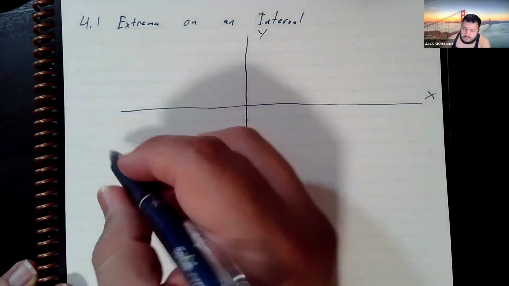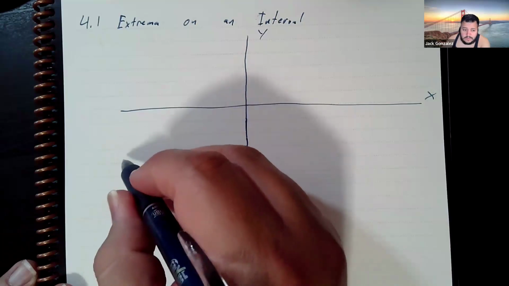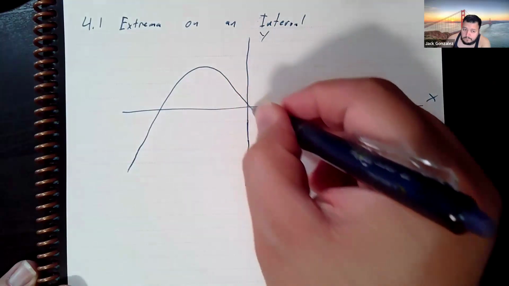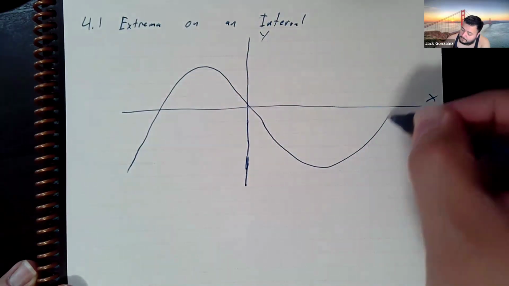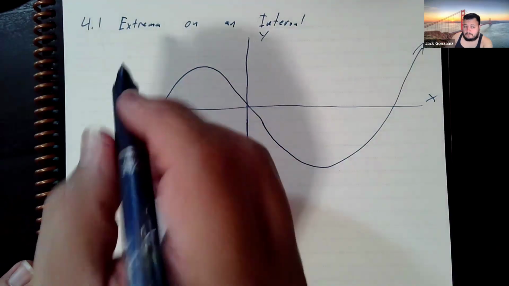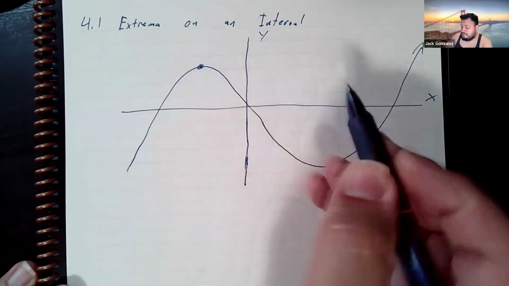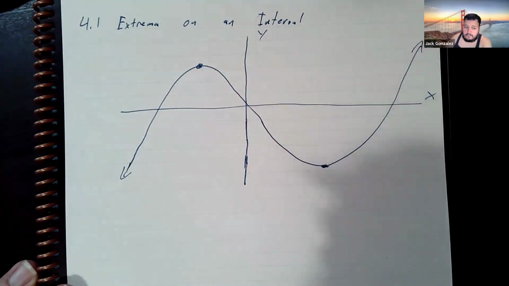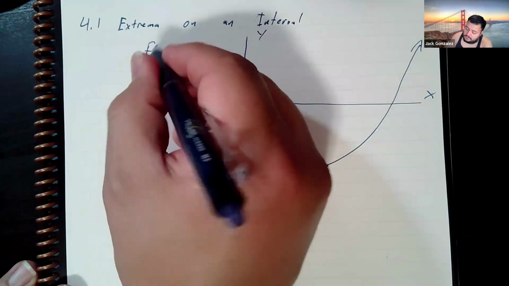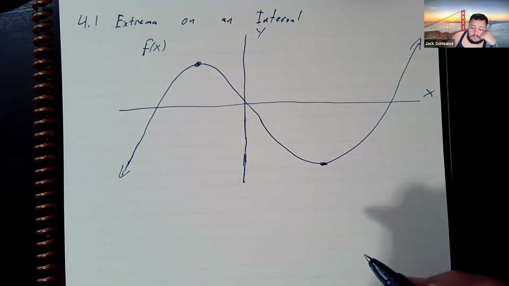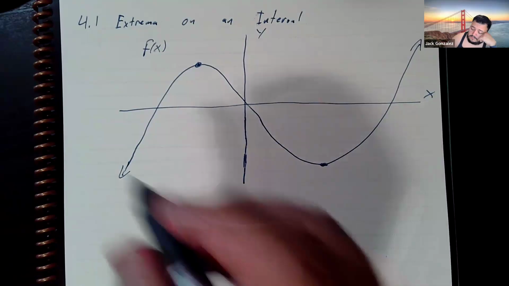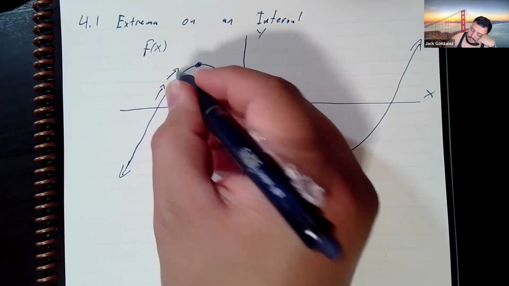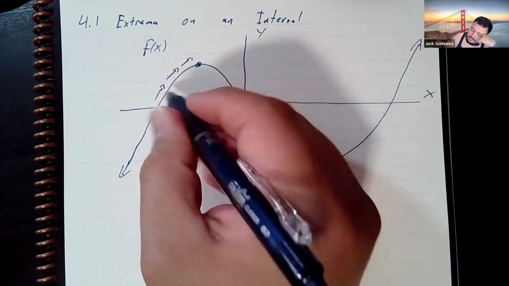So if you have, let's say, some random graph, call this F of X. If you're coming from the left, approaching that hill right there, just running up that hill, do you agree that I'm increasing?